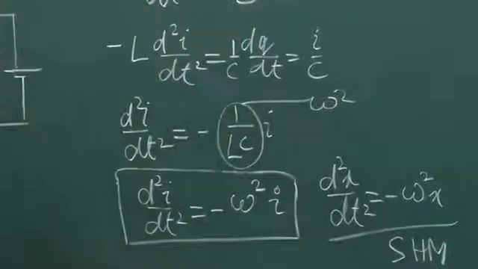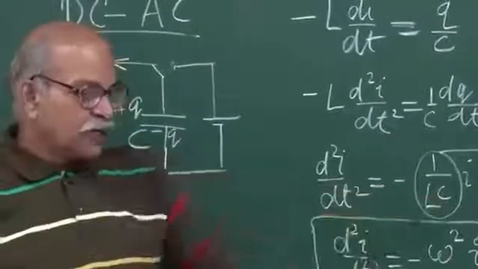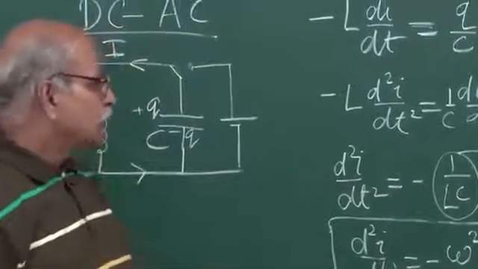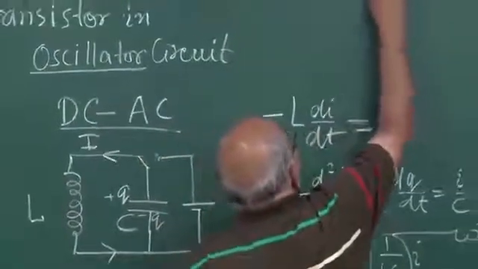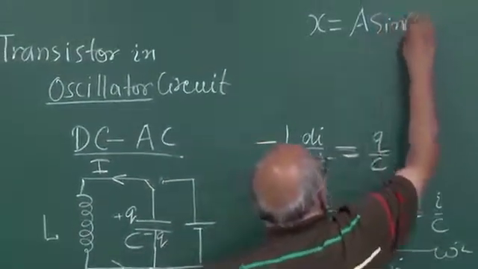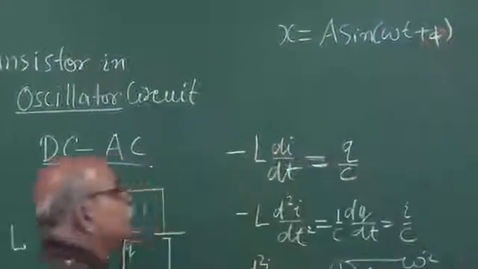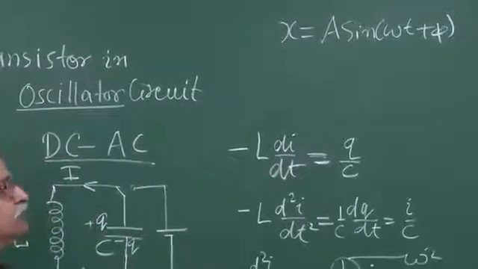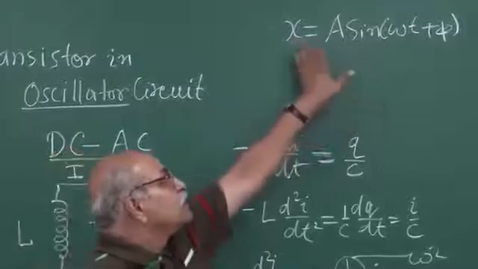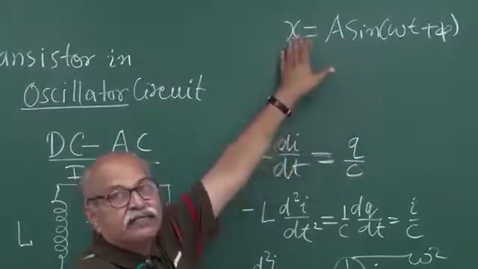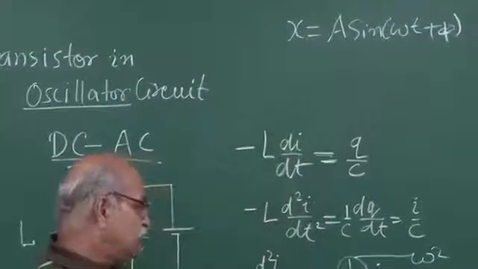You know the solutions: a particle going in SHM goes from -A to +A with an equation, let's say x = A sin ωt or cos ωt plus some constant. That constant depends on the choice of t = 0, but essentially this is an oscillation. x oscillates in time, and exactly the same is the story with this equation here.